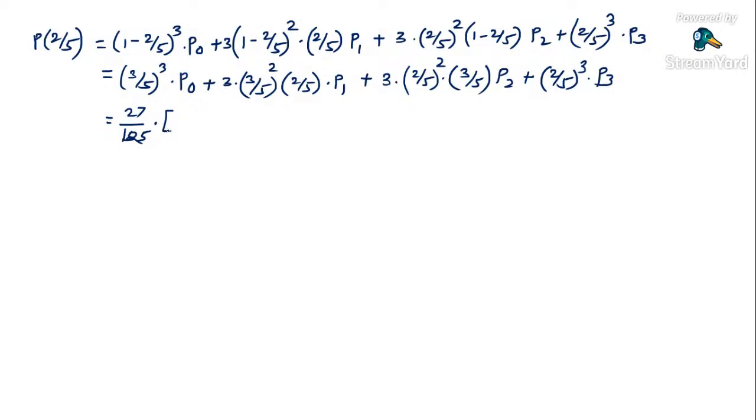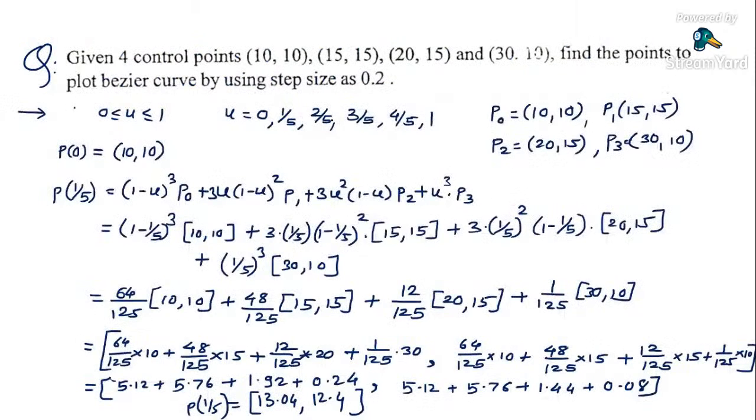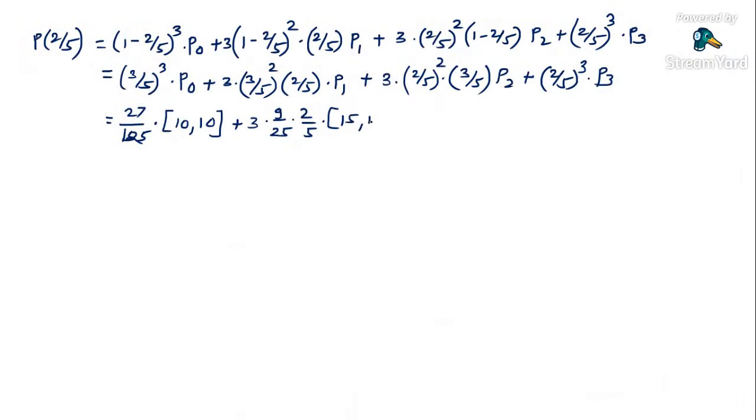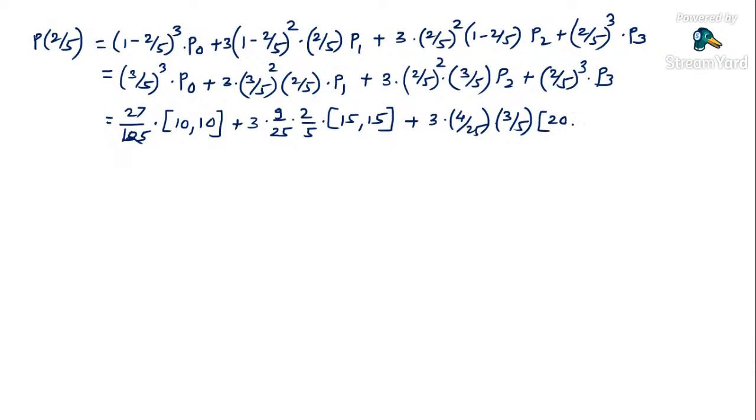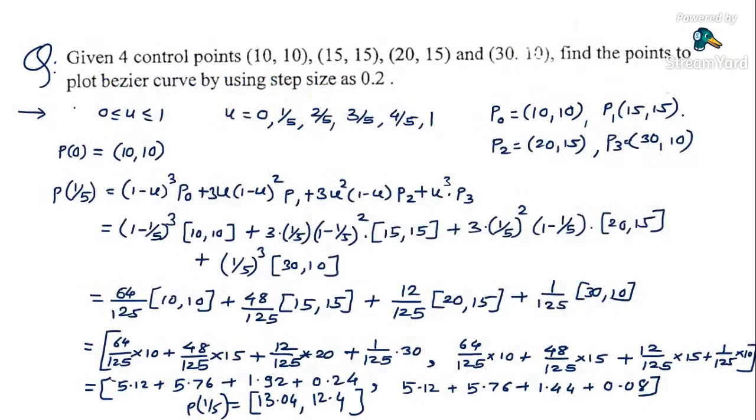What is the P0 value? (10, 10), plus 3 into 9 by 25, 2 by 5 into P1, P1 is (15, 15), plus 3 into (2/5)², that is 4 by 25, into 3 by 5 P2, P2 is (20, 15), plus (2/5)³ means 8 by 125, P3 is (30, 10).